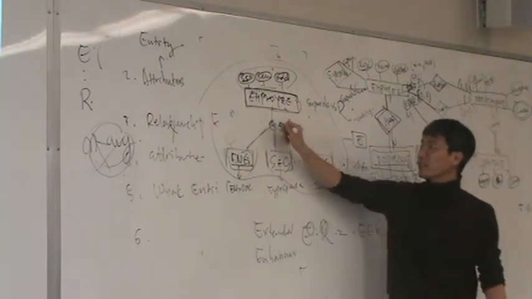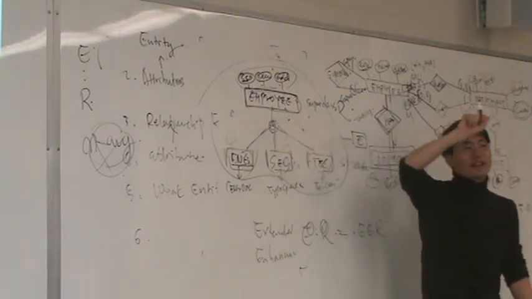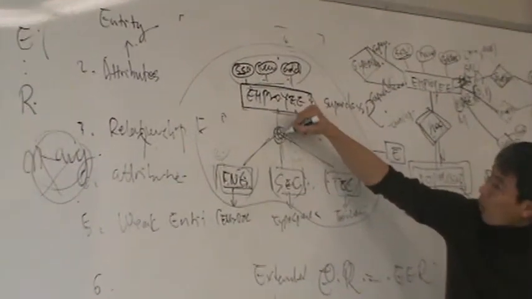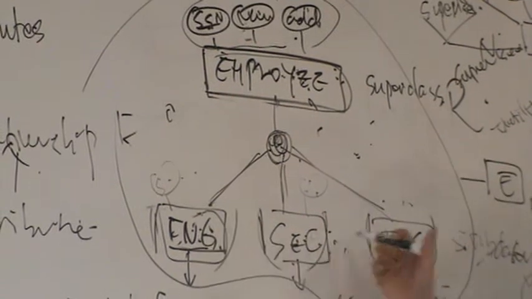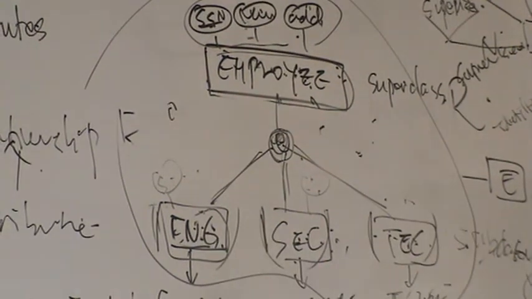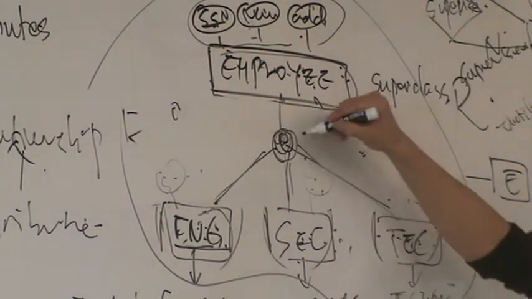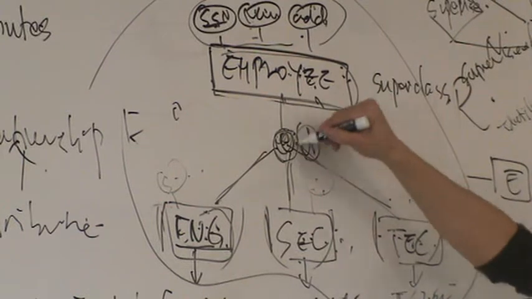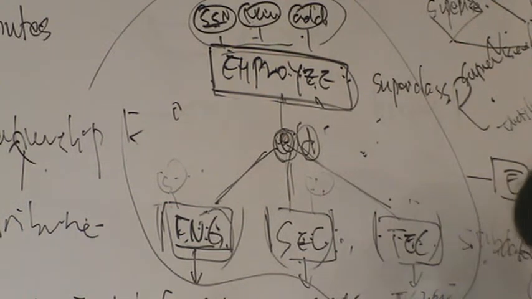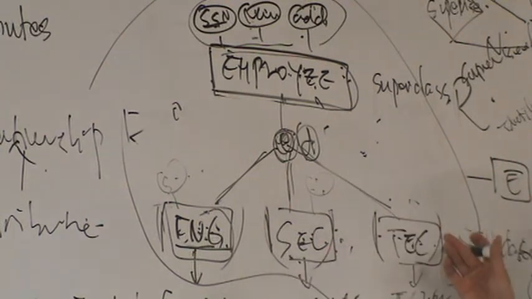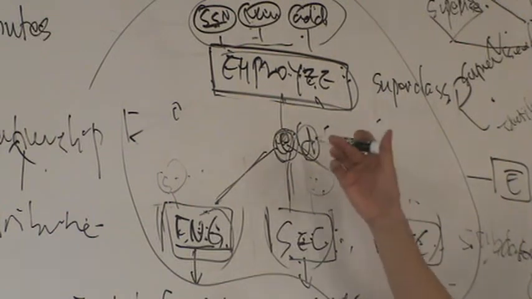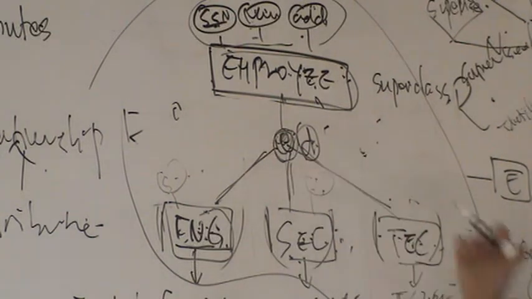You can represent that. That's the reason I use the subcurve between them to represent overlap, which means one employee can be in one or more subclasses. The opposite of overlap is disjoint. Disjoint means it should be one of these. That is the overlap and disjoint.